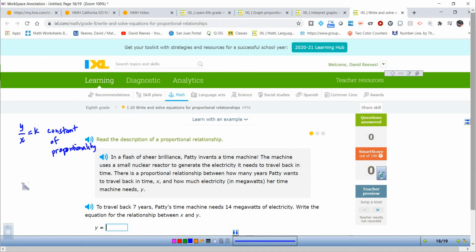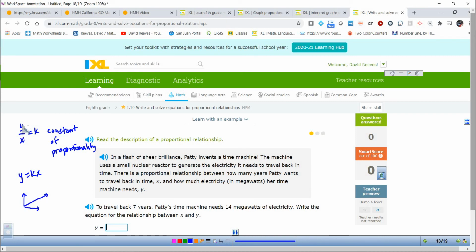And remember, the equation of a proportional line is y equals kx. That's our proportional equation. If we graph it, it will be a straight line, which we now know means a constant rate of change going through (0, 0).